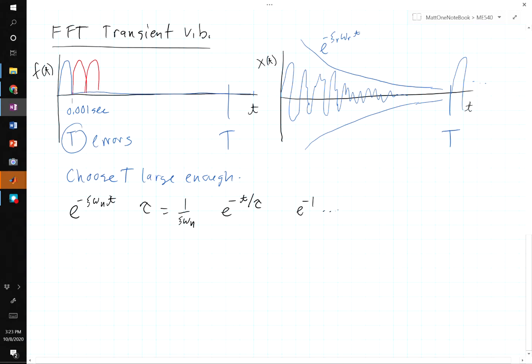So that's just 1 over 2.7, right? And if you've had controls, you've maybe learned that e to the minus 4.6 would be 0.01. So that's starting to sound pretty negligible, right? If we start here with a value of 1, by the time we reach here, we'll have a value of 0.01.